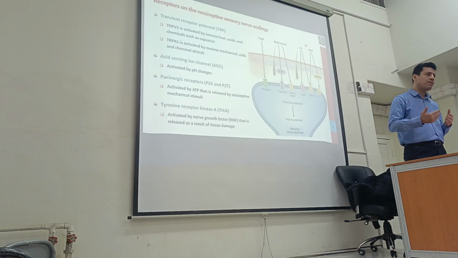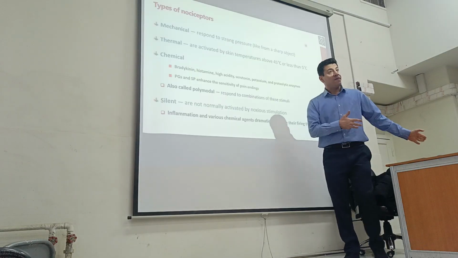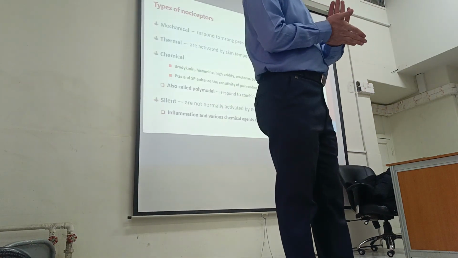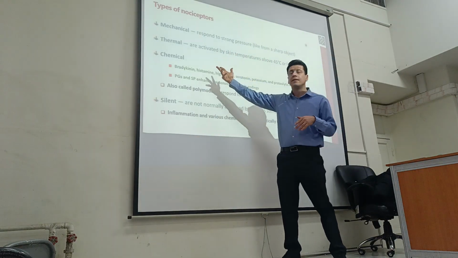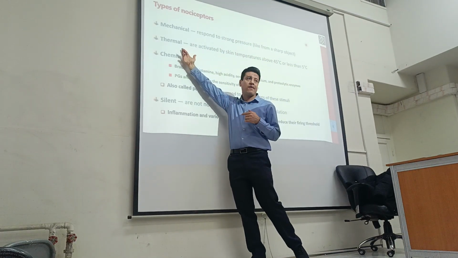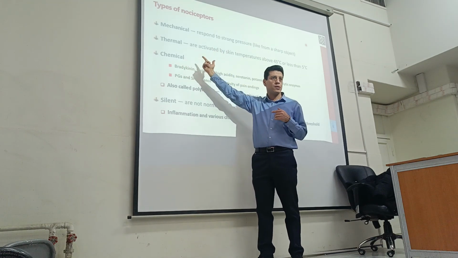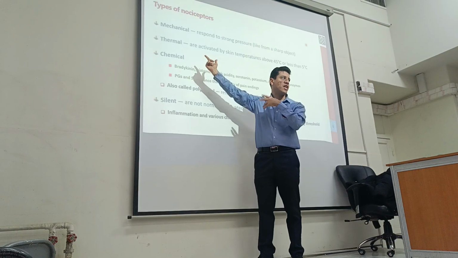Through the nerves. So now, based on these channels, we may have 3 different types of nociceptors. Some of them are called mechanical. You may have thermal nociceptors or chemical nociceptors, right? Depending on the type of the damage that activates these channels.